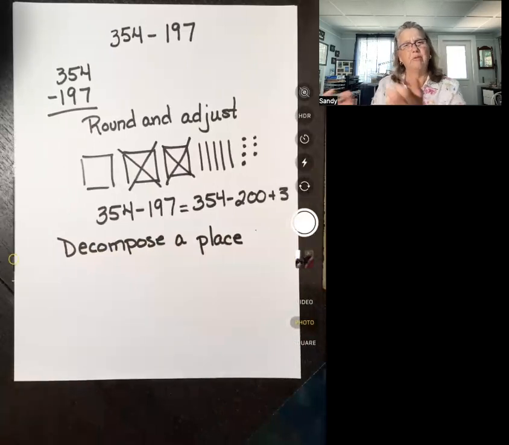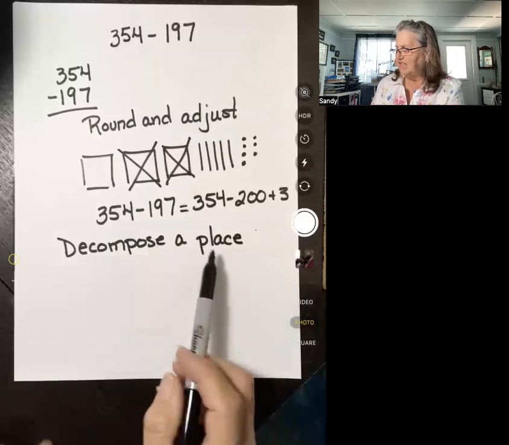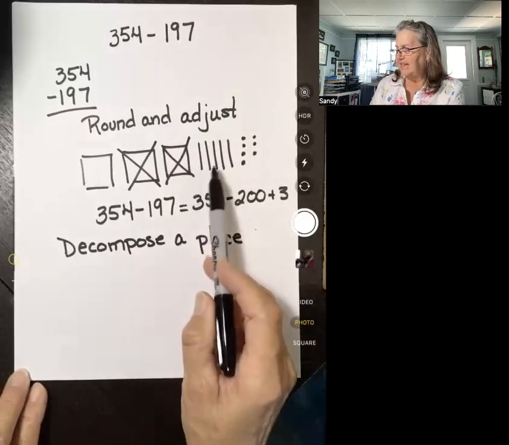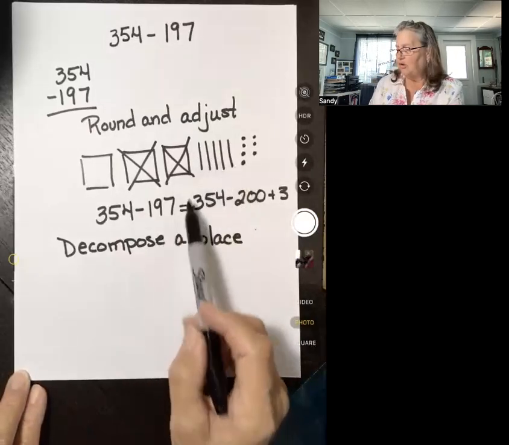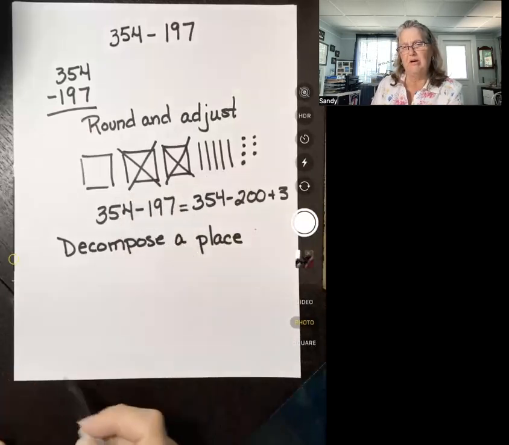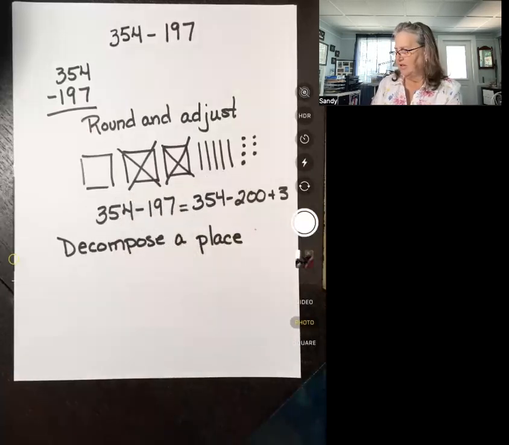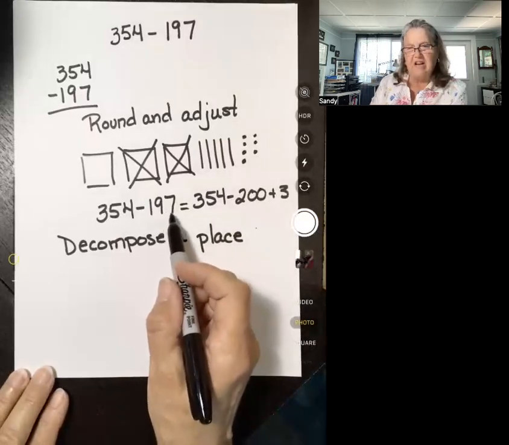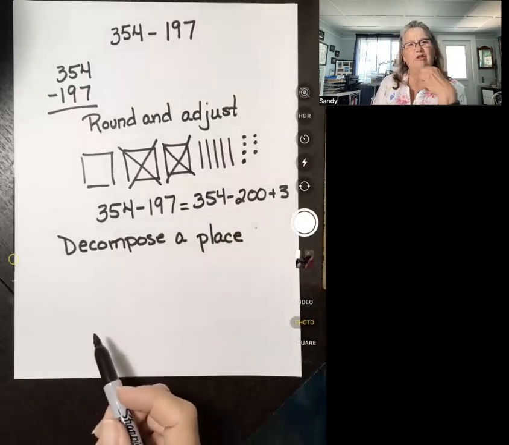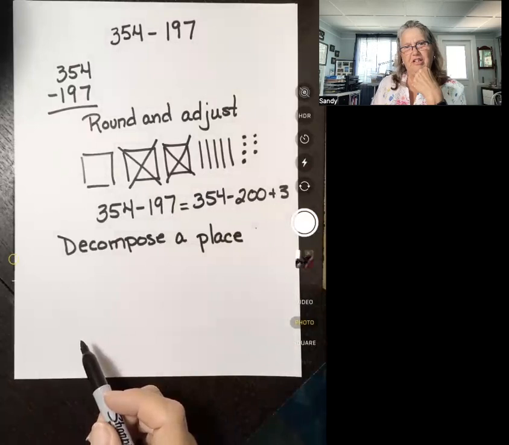A fancy name for break things apart, break them apart into 2 groups or multiple groups. By decompose a place, what I mean is I might want to cut up tens or cut up the hundreds, decompose that place, cut it apart so that I can remove 90 and 7 without doing the trading into all the smaller units.